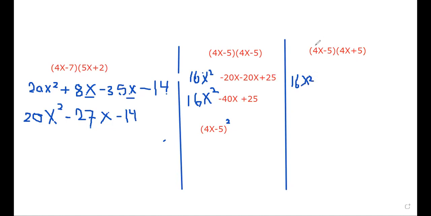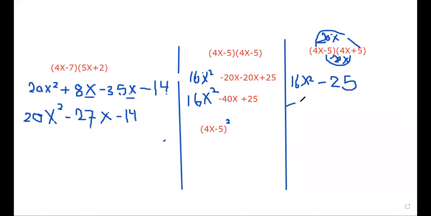Then outer will be 20x, and inner will be negative 20x. We will add them together, right? 20 minus 20 will be how many? 0, right? And then negative 5 times positive 5 will be negative 25.